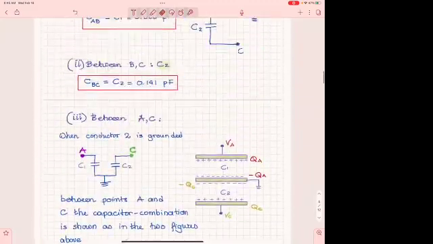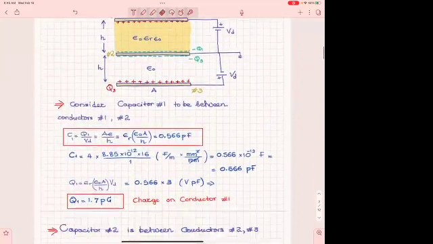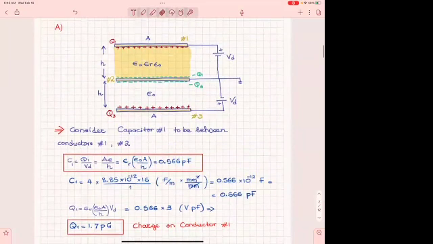Since we have a few more seconds, let's try now to solve the first problem, this one. This problem is the one which is grounded. Because it's grounded, this center conductor could have whatever charge you wish. Either you have a flow of electrons from the ground up, or you have a flow of extra electrons from your conductor down. Whatever is connected to the ground, you have no problem in creating capacitors with that, because a ground can support whatever charge.